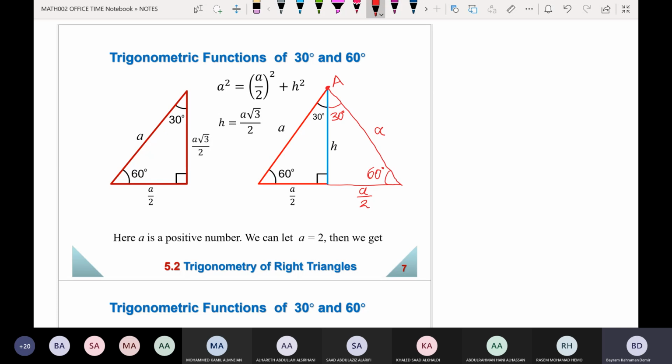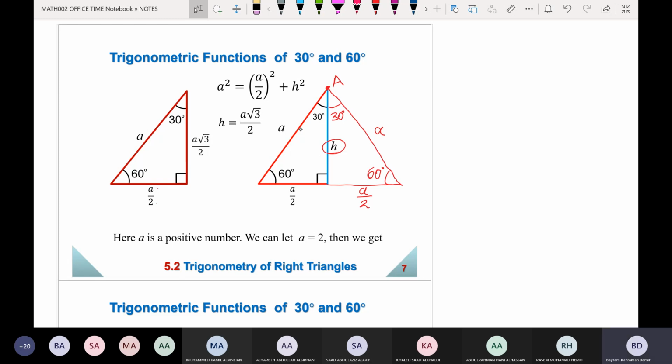And now you see we have 60 degrees and 30 degrees, and one side is a over 2, another side is a root 3 over 2, and the hypotenuse is a. Because we can calculate the value of h by the Pythagorean theorem, right? Here a square is equal to a over 2 square plus h square. So we will find the h value as a root 3 over 2.